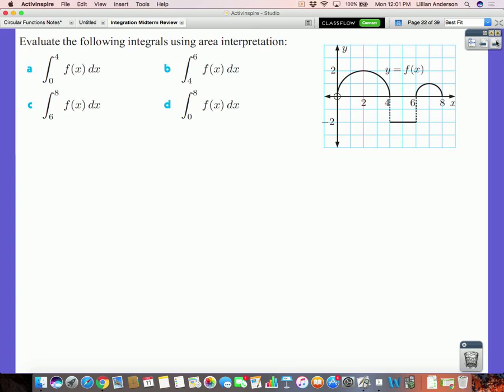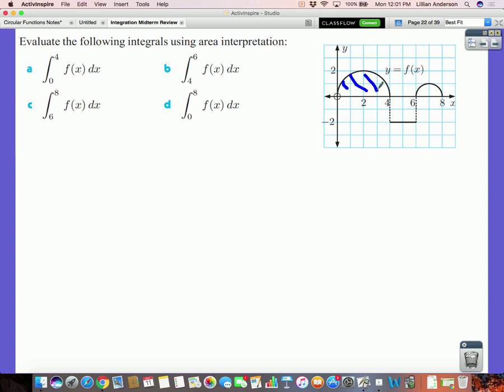And if it asked you, like in part A, find the integral from 0 to 4 of f of x dx, you basically were finding the area underneath the curve from 0 to 4. You guys remember doing this? And so basically you would be finding the area of this semicircle by using the formula for the area of a semicircle. Okay? You guys remember doing that?